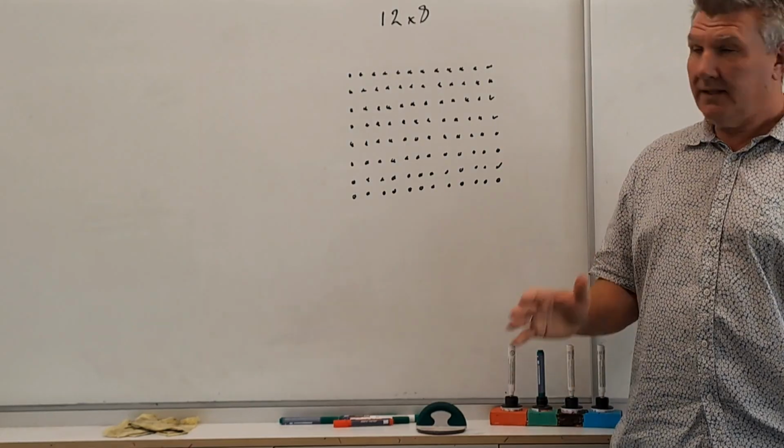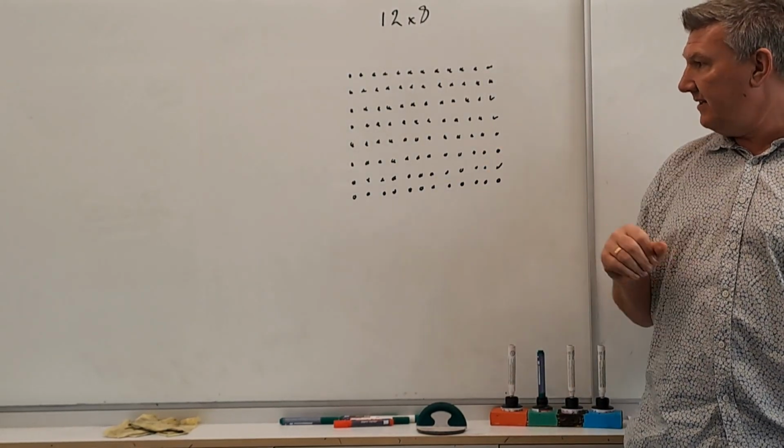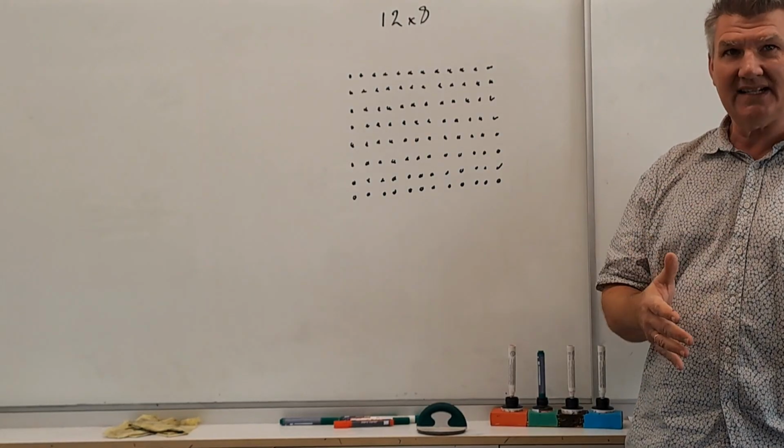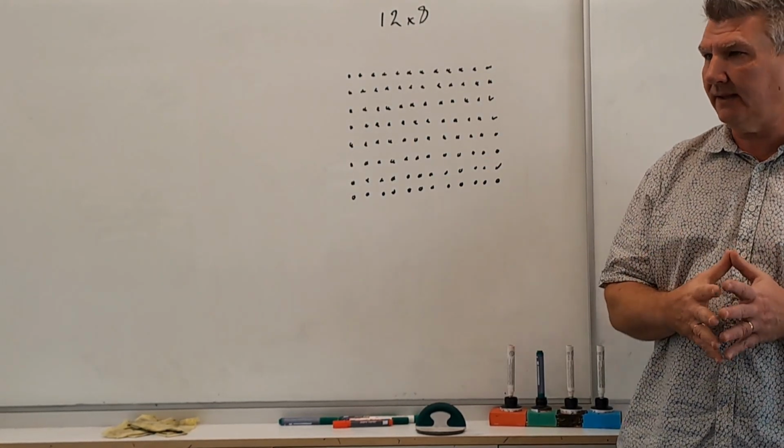So if we're going to the question such as 12 multiplied by 8, here is the array that I've just drawn out. Now that's quite painstaking, and you could actually get students to do it with squared paper or dotted paper, so there are ways that we can do it.